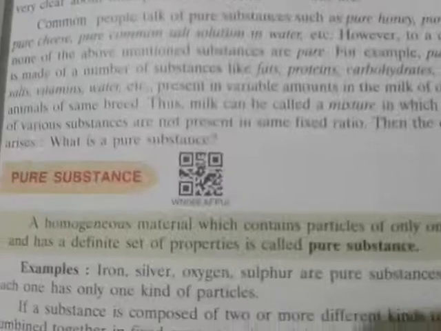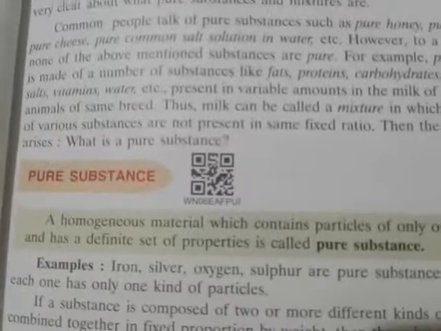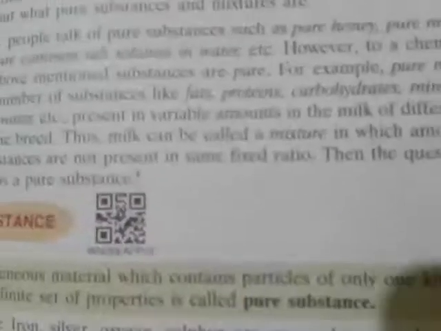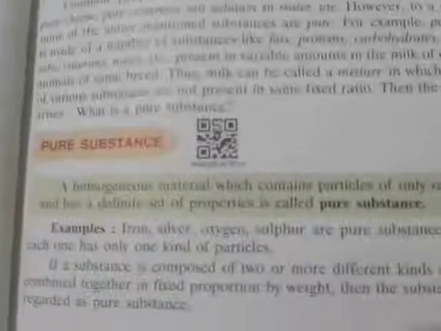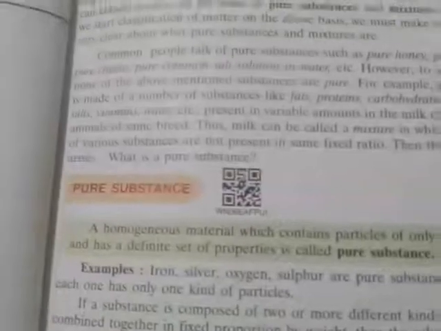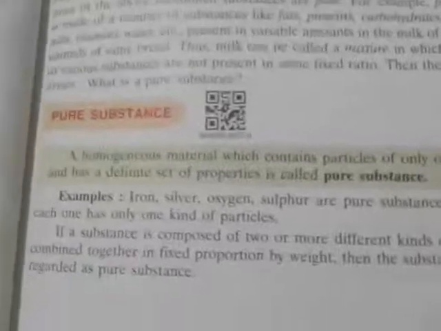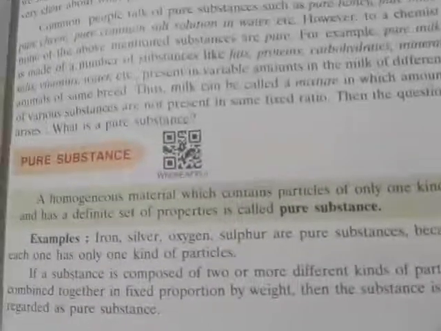But we will discuss another thing, that is pure substance and mixtures, or you can say the impure substance. So pure substance is the material which contains only one kind. What does it mean? Suppose we know the iron atom, the silver atom, oxygen, sulfur, many atoms, 118 elements we know.